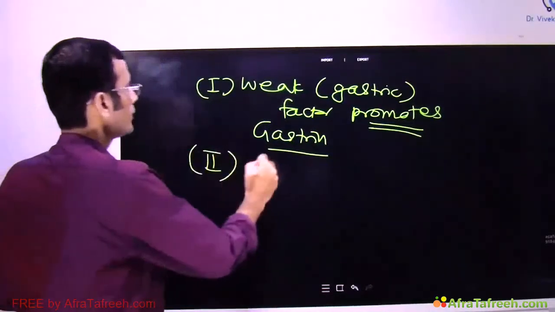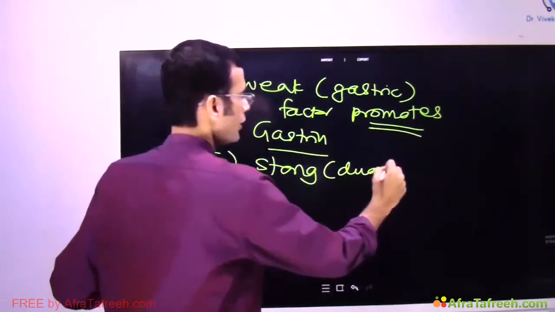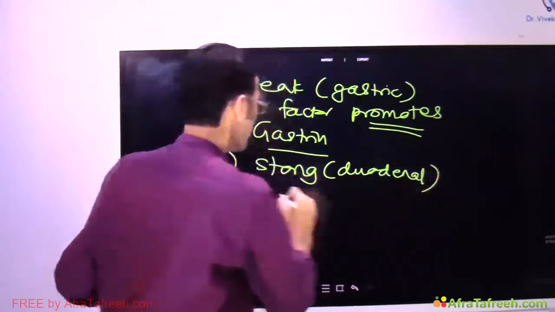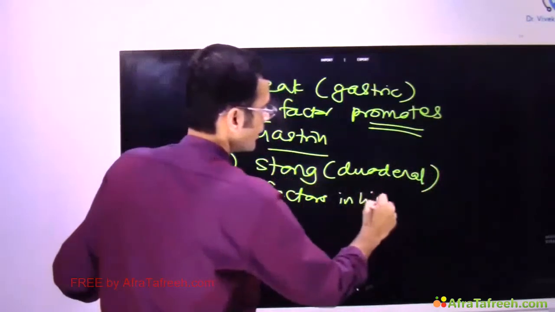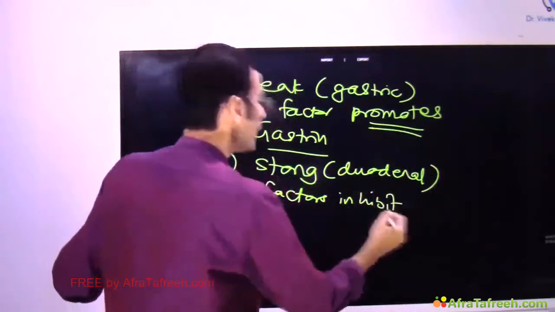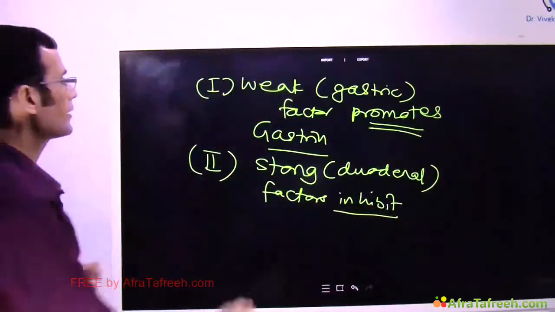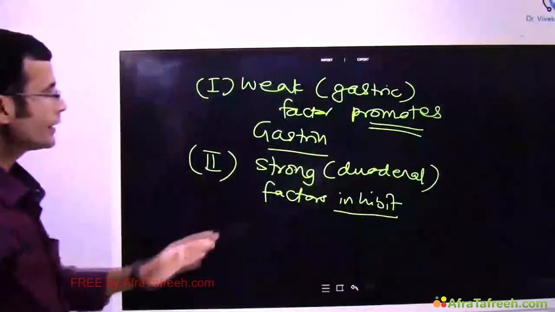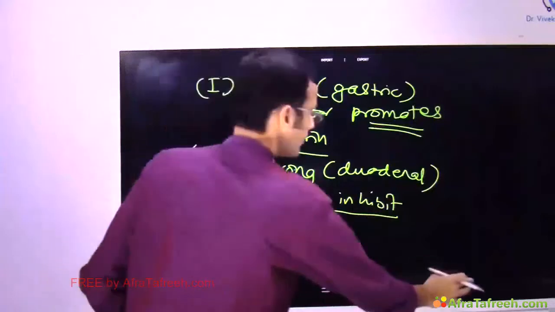All the other factors are strong factors. They are all duodenal factors, which will retard or inhibit gastric emptying.